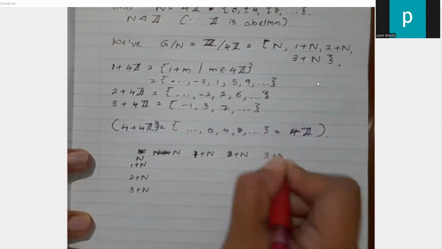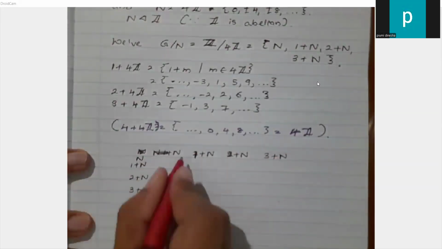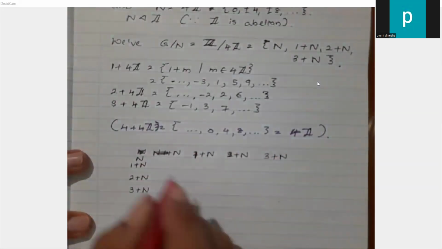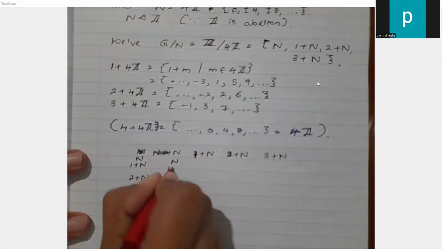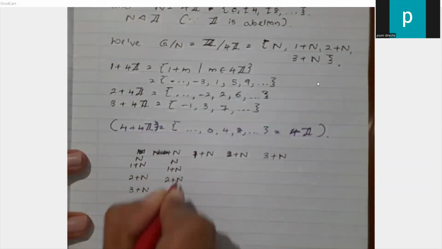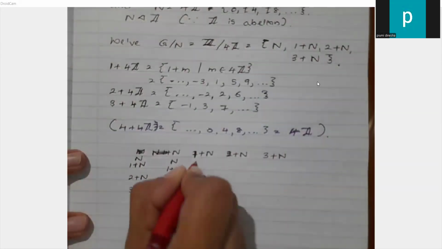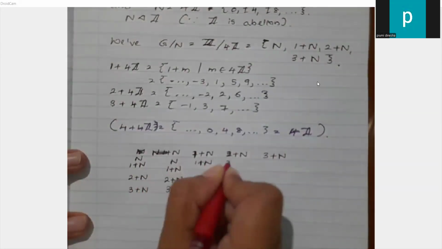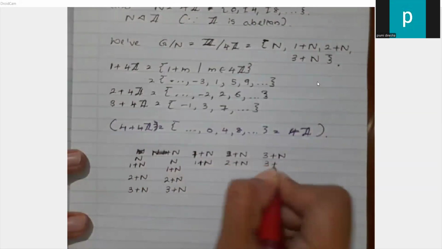Two and 3 plus n. Because we are taking by the identity, this will simply be n, 1 plus n, 2 plus n, 3 plus n over here. 1 plus n, 2 plus n, 3 plus n.